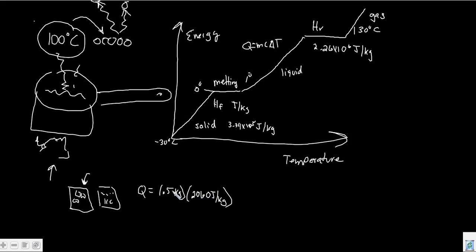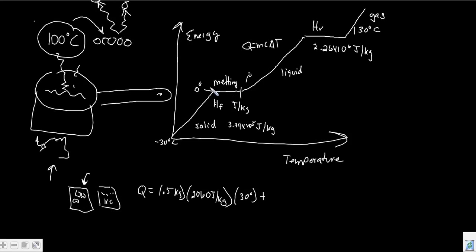And we have a temperature change of 30 degrees, because we're going from -30 to 0.